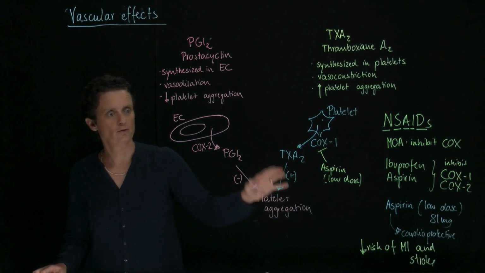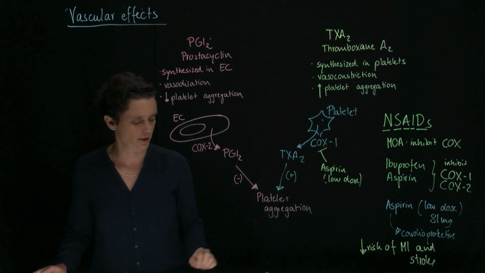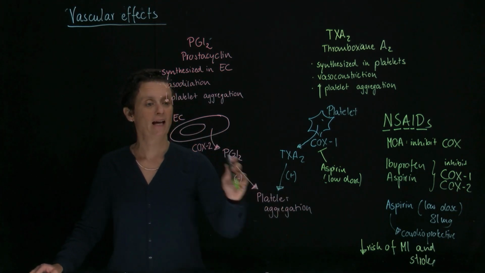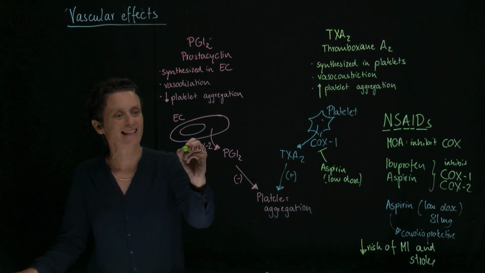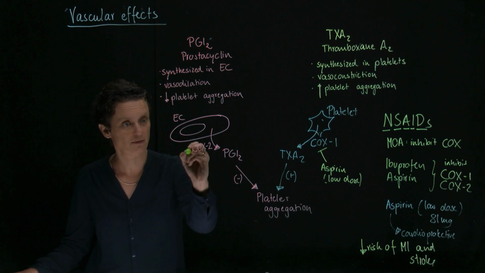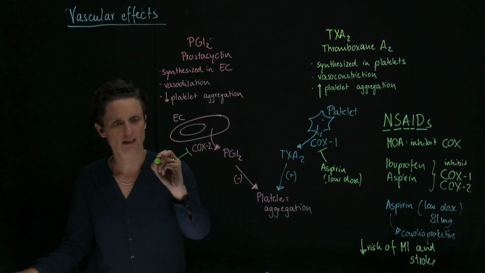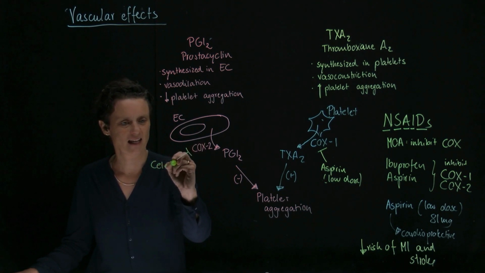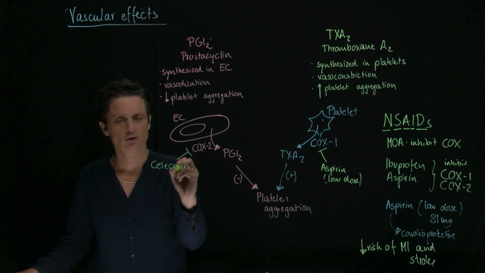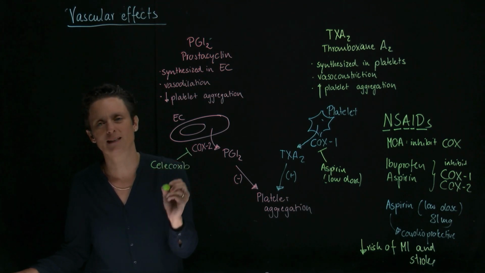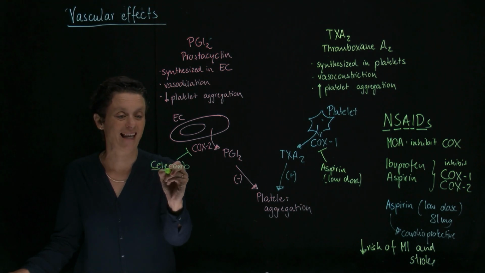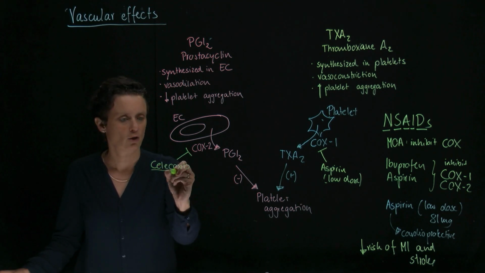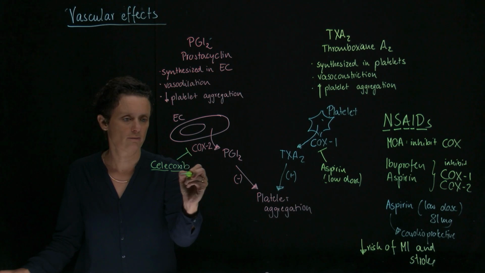Now, can we also wipe out the other part of the equation? Yes, we can, because we have drugs, actually only one, that inhibits COX-2 specifically. And this drug is called celecoxib. So when it was developed as a selective COX-2 inhibitor, hence the name selective COX inhibitor.